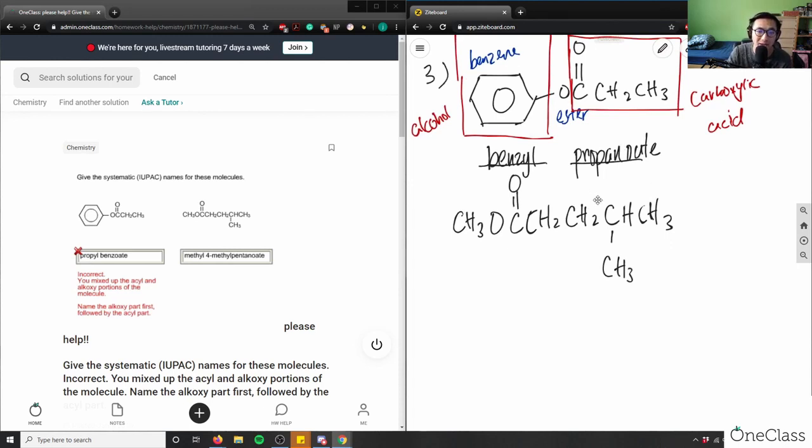And then number 2, again, I have another ester, right? I'll look at the functional groups here. I have, again, C double bond O here. This is, again, a dead giveaway. That's an ester.